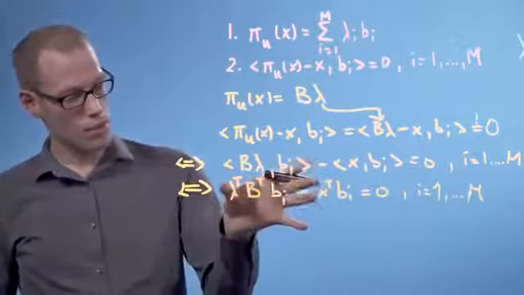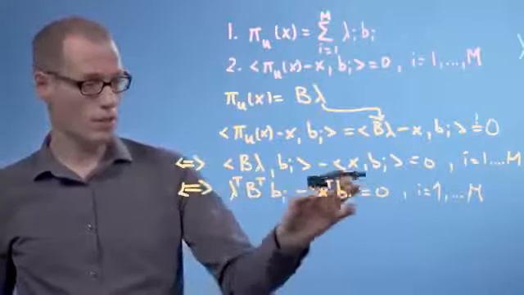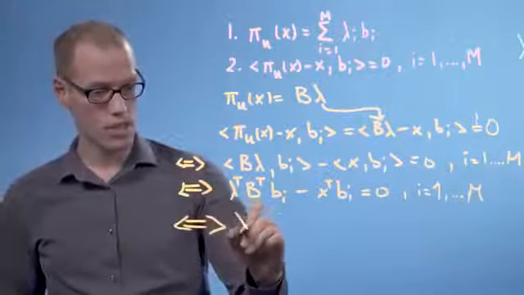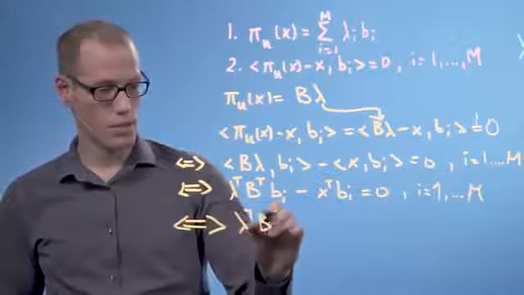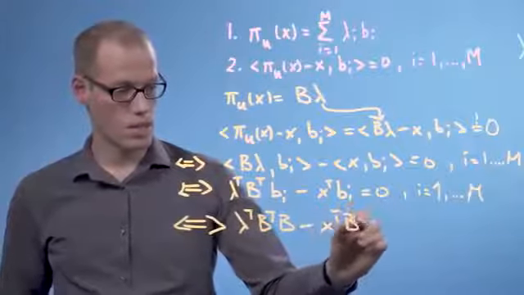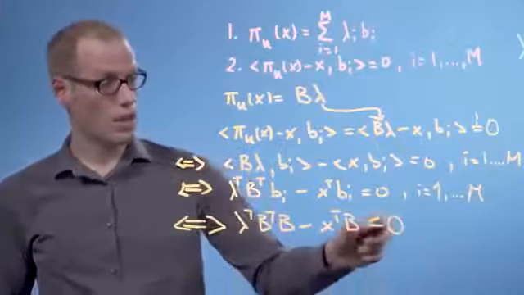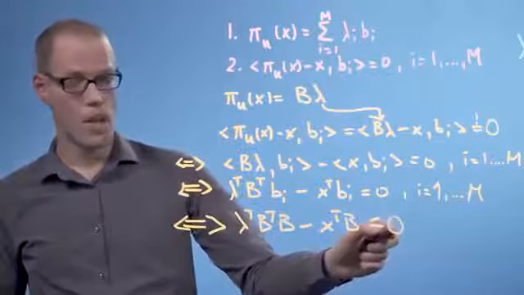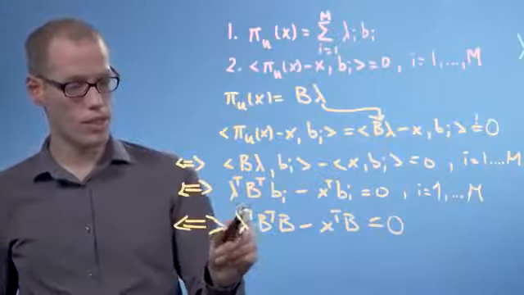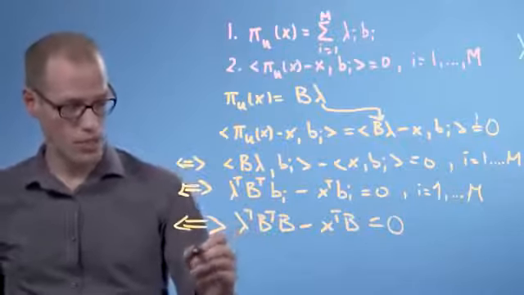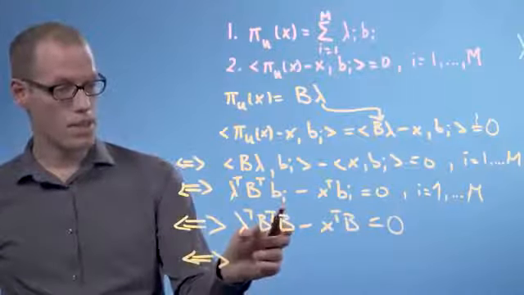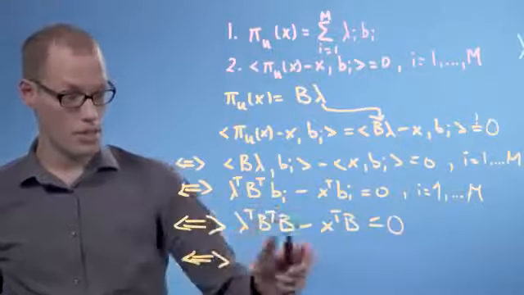And now we can write this as a set of conditions, and if we summarize this, we would get lambda transpose times B transpose times B minus x transpose times B must be 0. Now we need to talk here about an m-dimensional 0 vector. What we would like to do now is identify lambda. For this, we are going to right multiply the inverse of B transpose times B onto the entire equation.